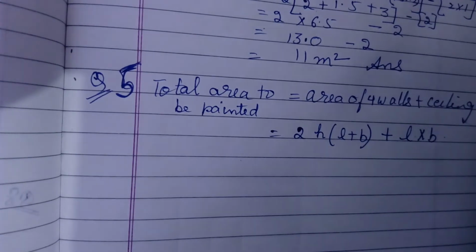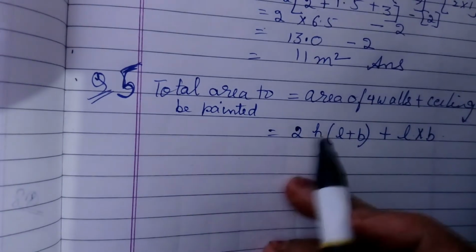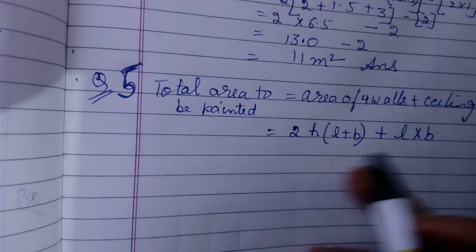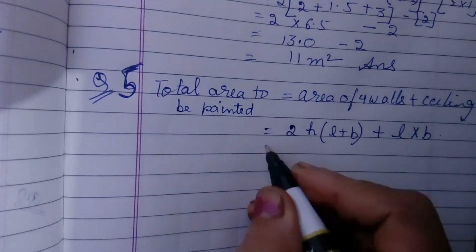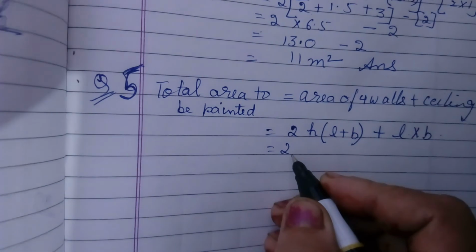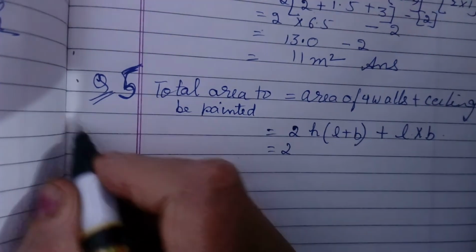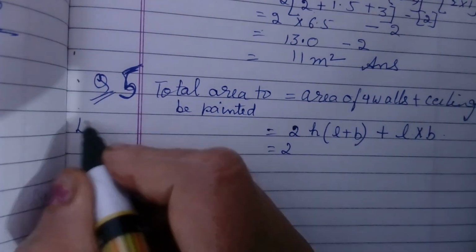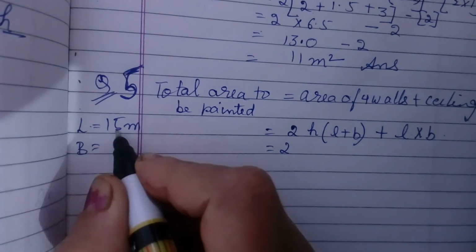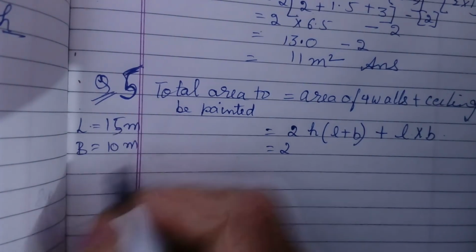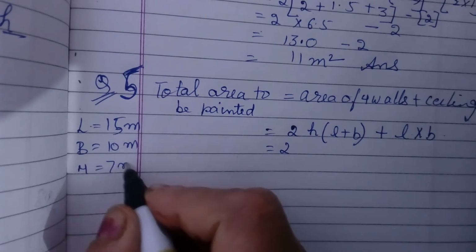Now coming to our question: 2 height into length plus breadth, that is the area of 4 walls, plus the ceiling, which is length into breadth. Now you can easily put your values. Length is 15 meter, breadth is 10 meter, and height is 7 meter.